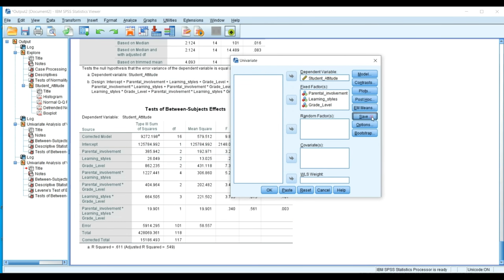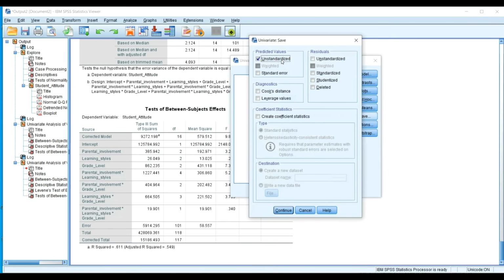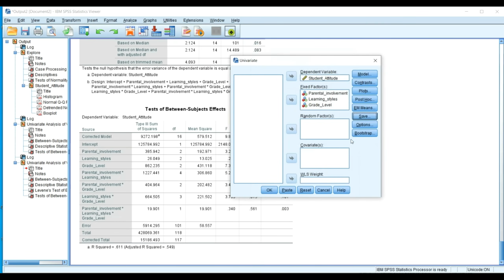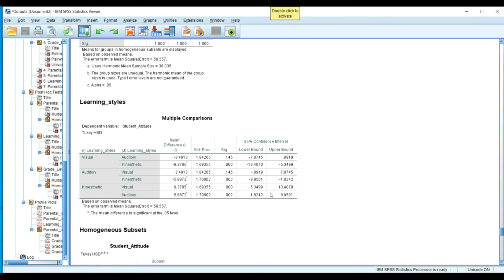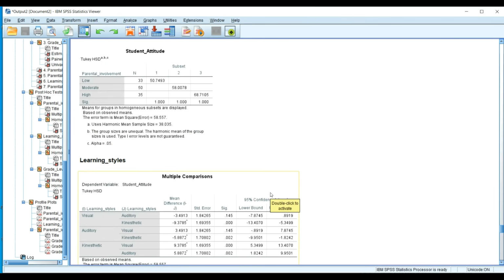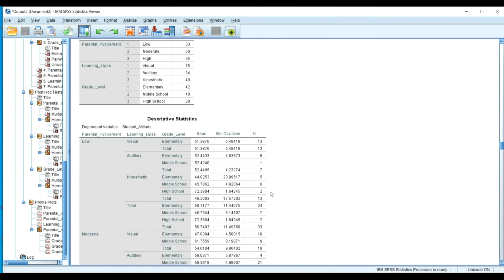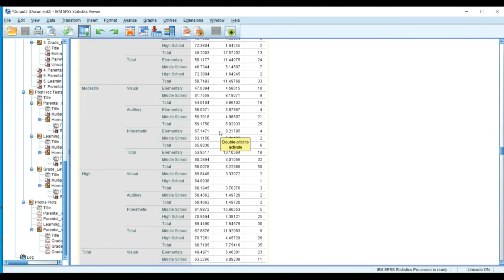And then to save, I want to see the unstandardized result if I want, and then I will click Continue and click OK. So this produced the results that I want. At this stage, these are already the results that we've been having before now.